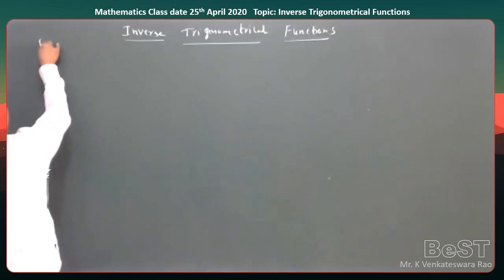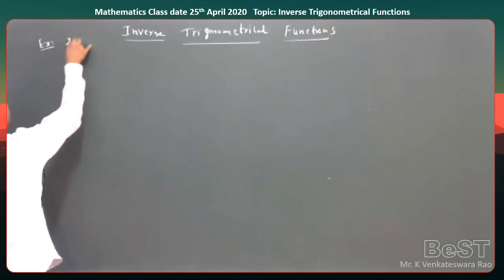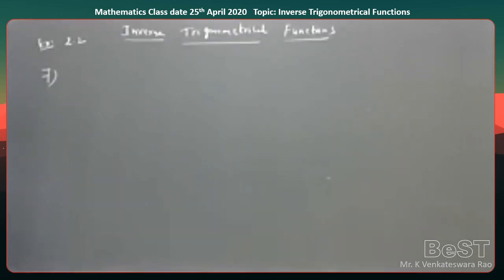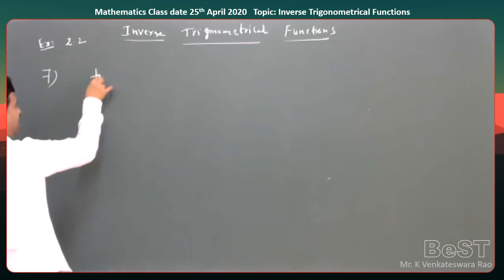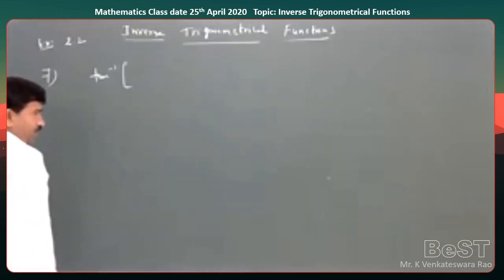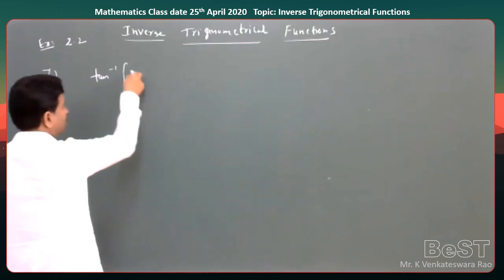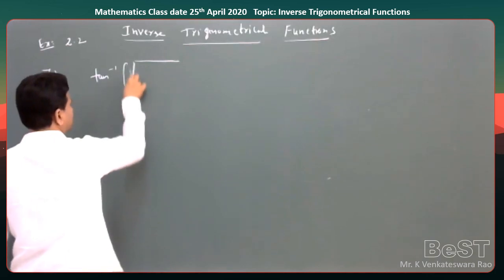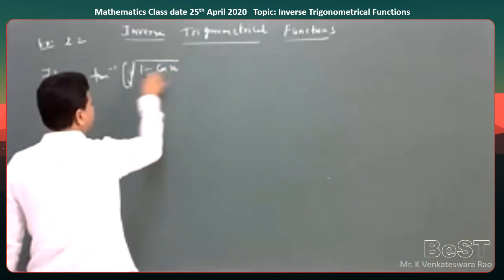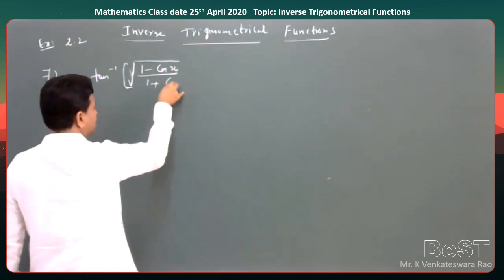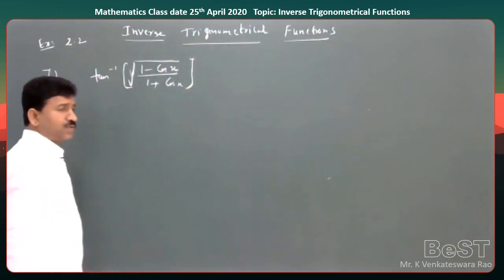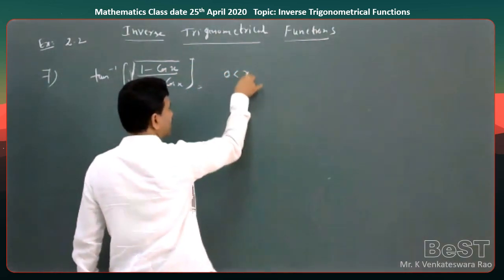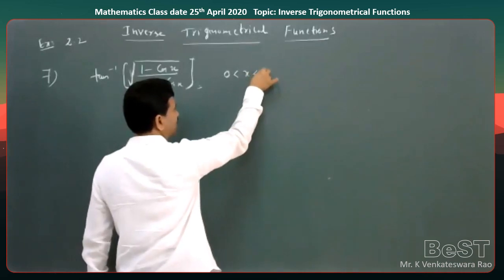Exercise 2.2, seventh problem. Simplify tan inverse of the square root of (1 minus cos x) by (1 plus cos x), with the condition 0 is less than x less than pi.